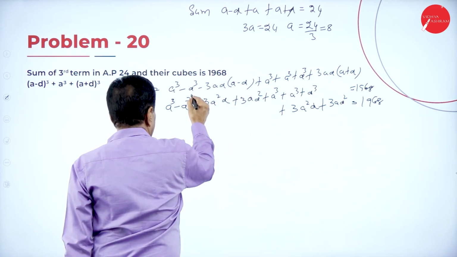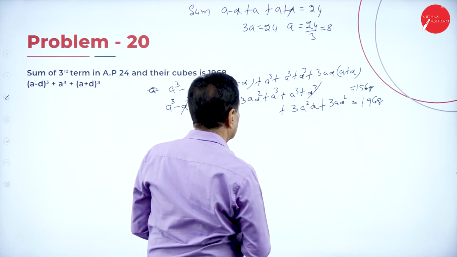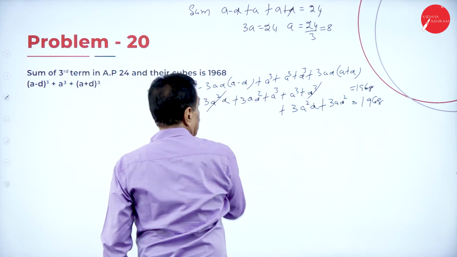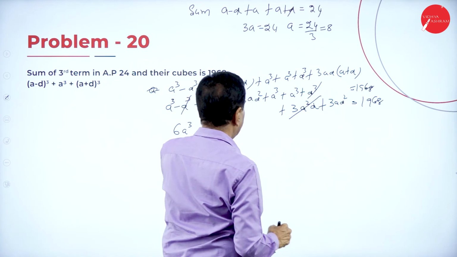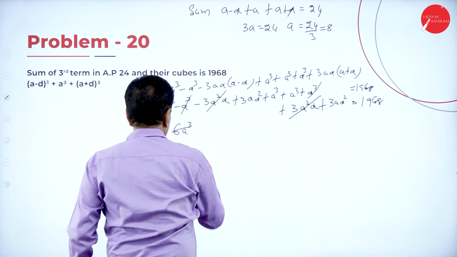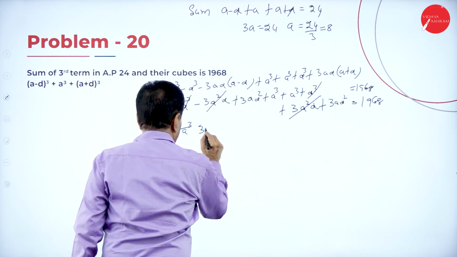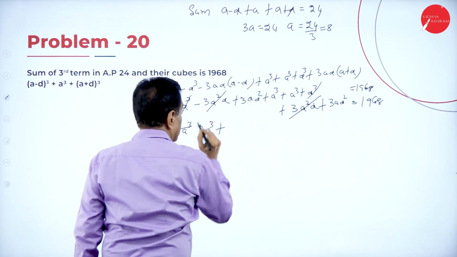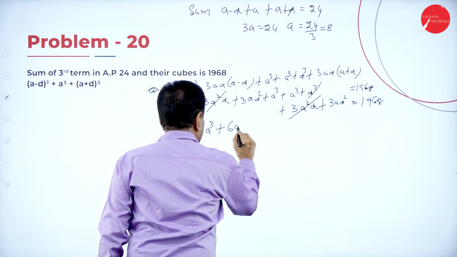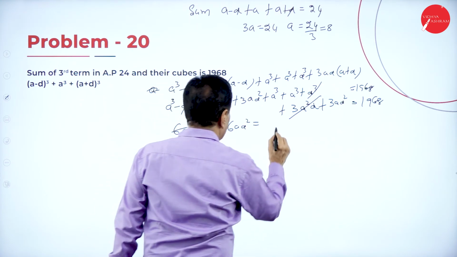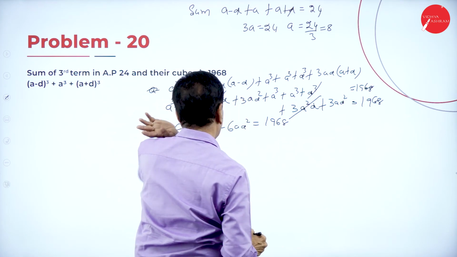See that D cube cancelled out. Then 3A square D cancelled. So this is A cube plus A cube, 2A cube, plus 3AD square plus 3AD square, 6AD square, equals 1968. What's your A? 8.